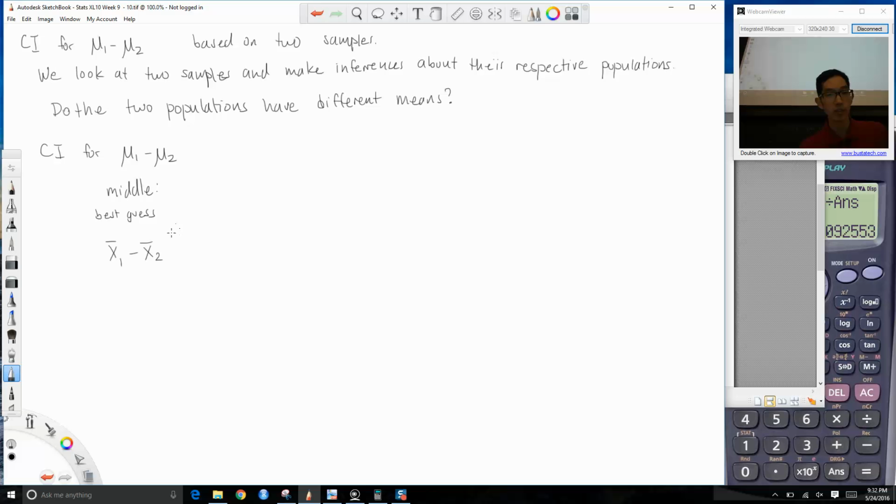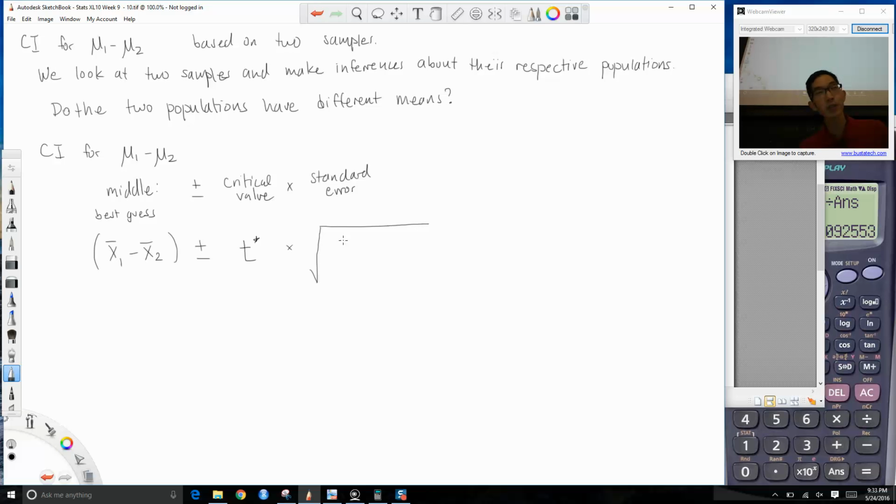Then we go plus or minus a critical value times the standard error. Our critical value, because we're dealing with means, is going to be t star. And then the standard error is just going to be this ugly formula.